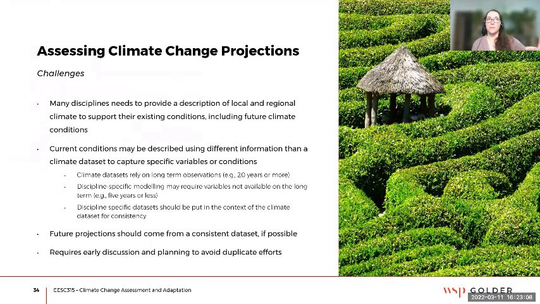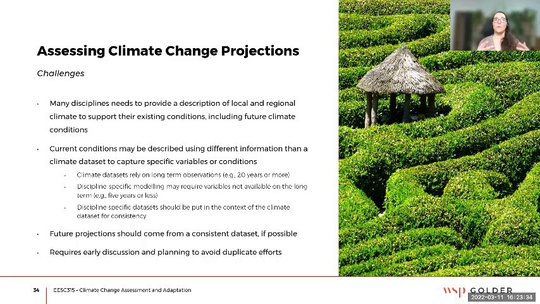When I talk about some of the challenges associated with doing a climate change projection, well, there's a few. Many disciplines have to look at a description of local and regional climate to support their existing conditions, including future conditions. But the current conditions may be described very differently.